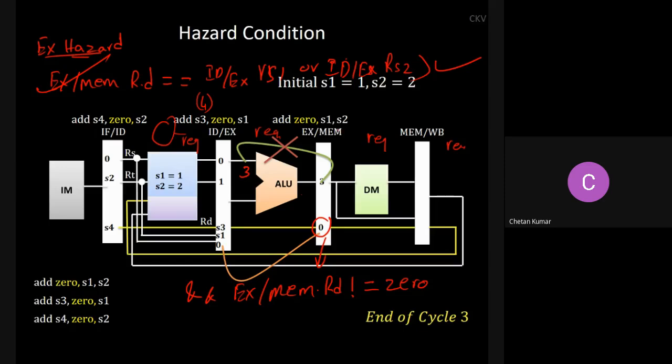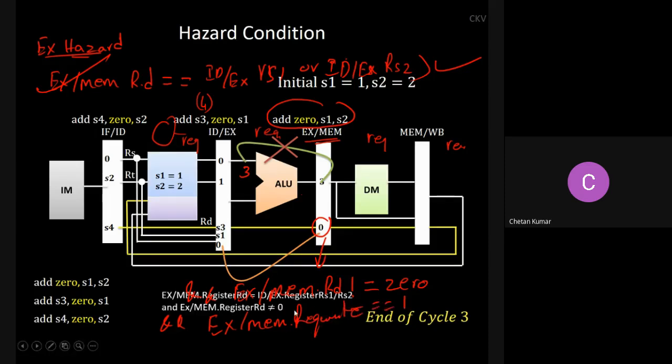The regenerate corresponding to the instruction that is available in EX/MEM. So hence I should say EX/MEM.RegWrite should be equal to 1. Only under this case I should be forwarding.